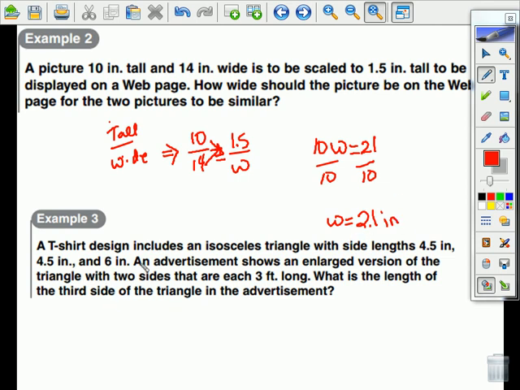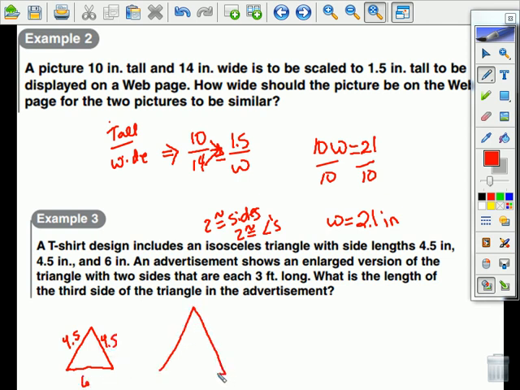Next, we have a t-shirt design, and it includes an isosceles triangle. An isosceles triangle has 2 equal sides and 2 equal angles. We should say congruent to go with our geometry words. So congruent is an equal sign with the tilde above it. If we draw this, the original is 4.5 inches, 4.5 inches, and 6 inches.